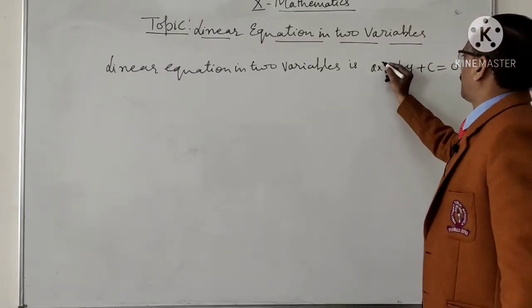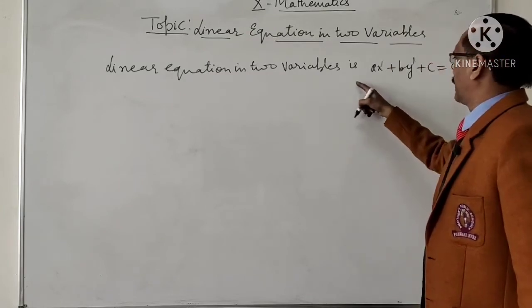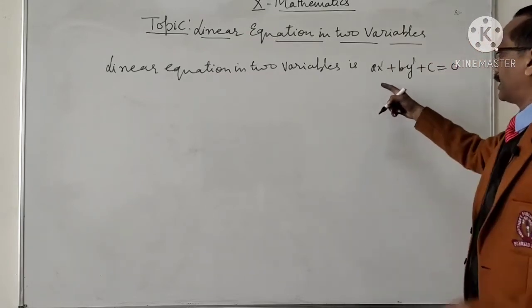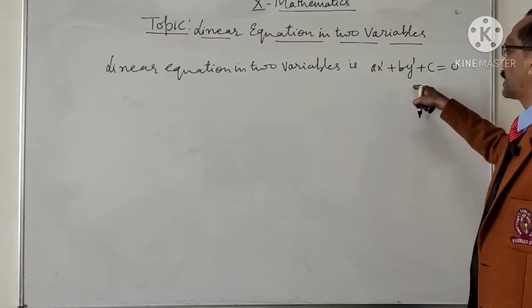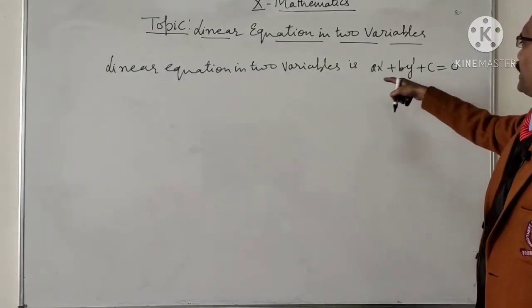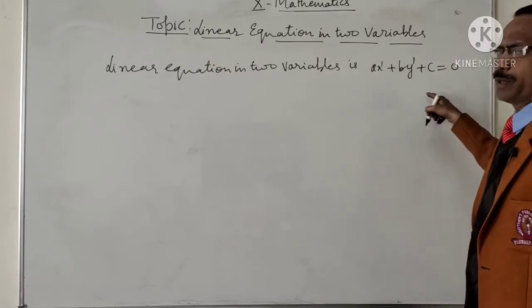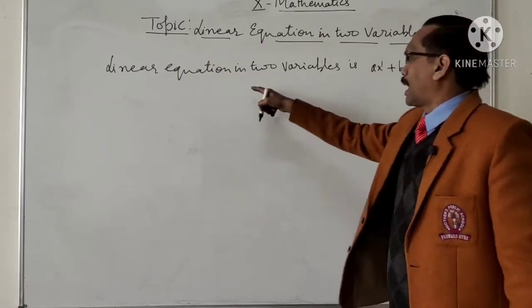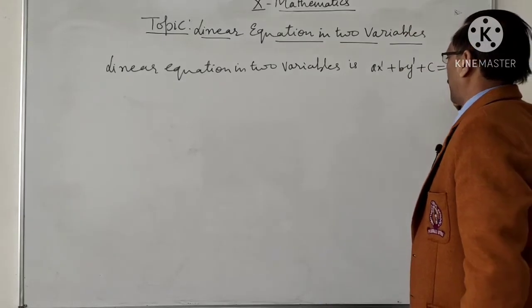Since the power of x and y is 1, when the degree of variables is 1, then it is said to be a linear equation. Since there are two variables, it is called a linear equation in two variables.